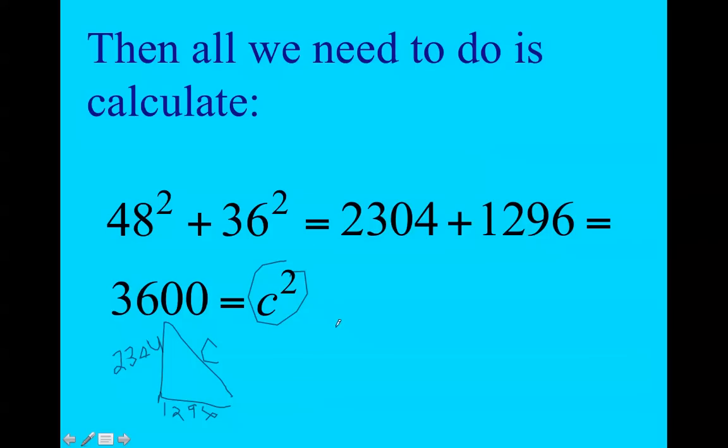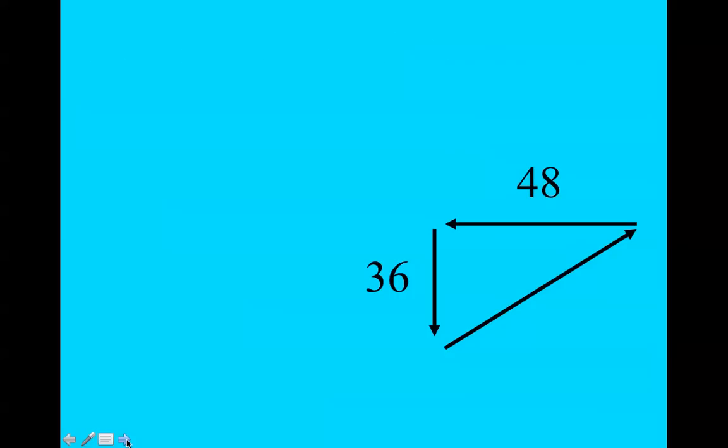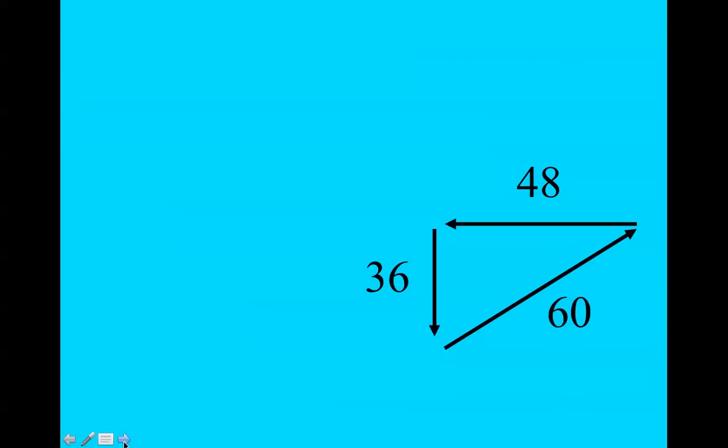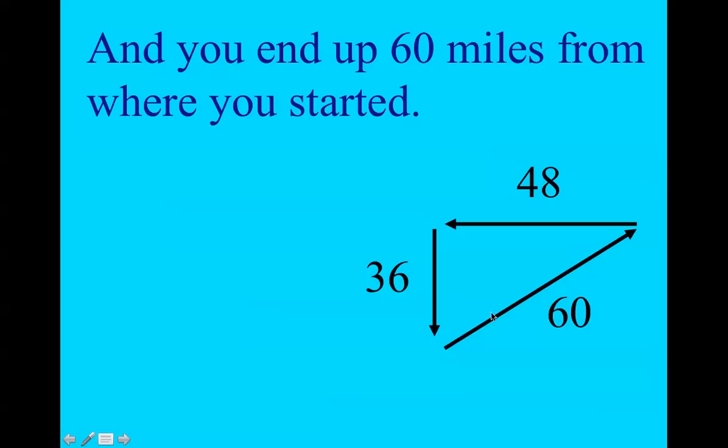Well, I'm going to do the inverse, which is to take the square root, and you should remember that from earlier in the year. So I'm going to take the square root, remember this little symbol, of 3,600, and I'm going to get 60, and you can use your calculator to do that. So since c squared is 3,600, 60 is the square root, so we ended up 60 miles from where we actually started.